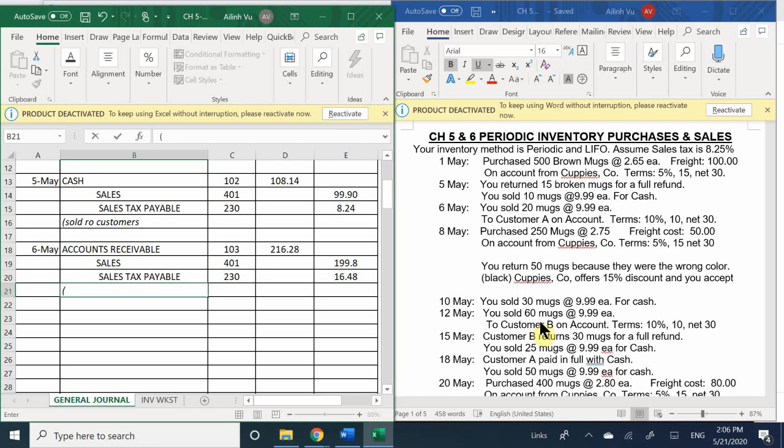Sold to customer A with terms of 10%, 10 net 30. Good. They owe us money. Okay. Do we need to update our inventory worksheet?